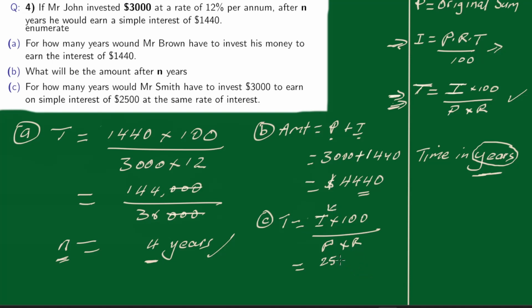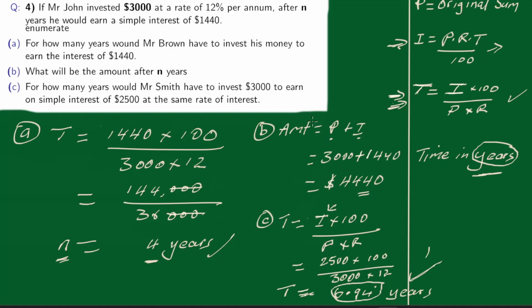So it's 2,500 multiplied by 100 all over 3,000, and the rate is 12%. So this gives us a value of 6.94 years. So time in this case is 6.94. And it's okay to leave it in a decimal because that's acceptable.